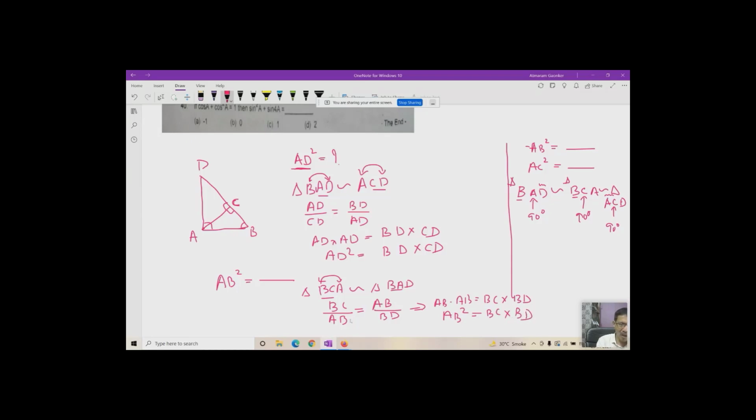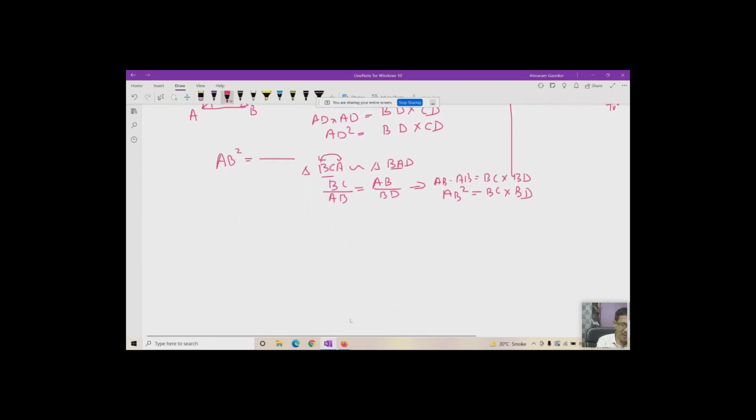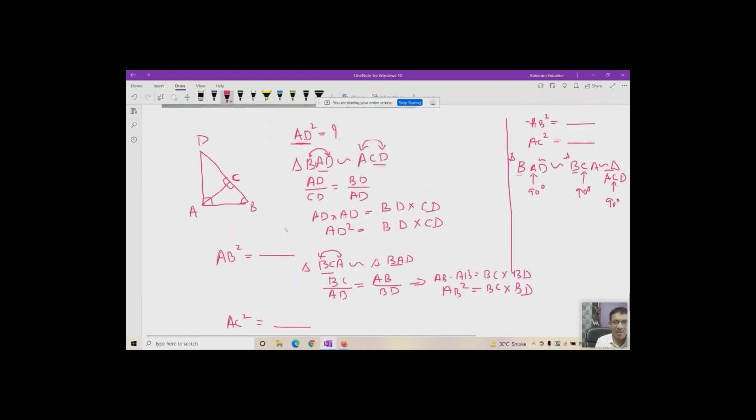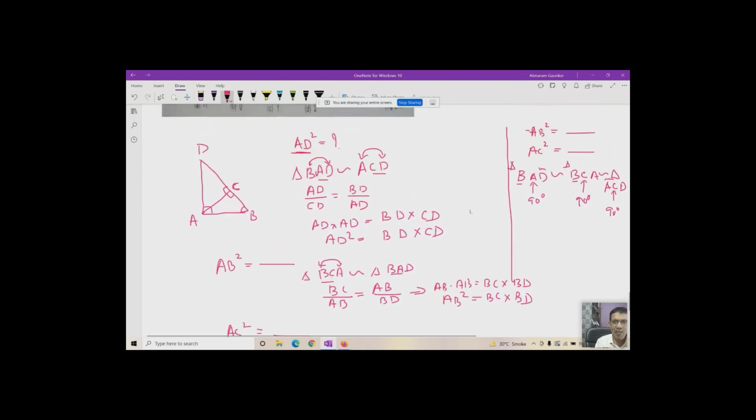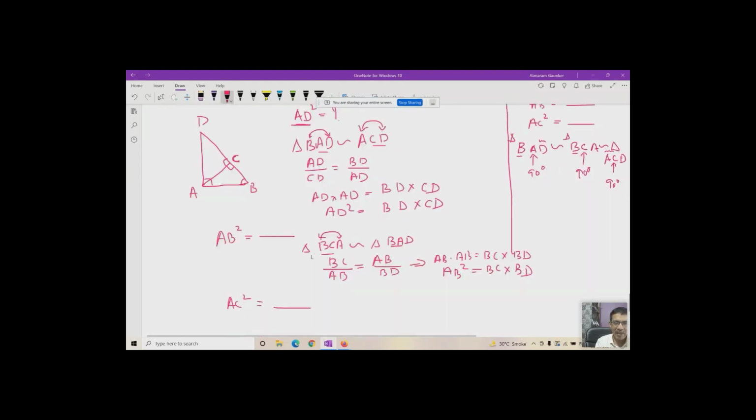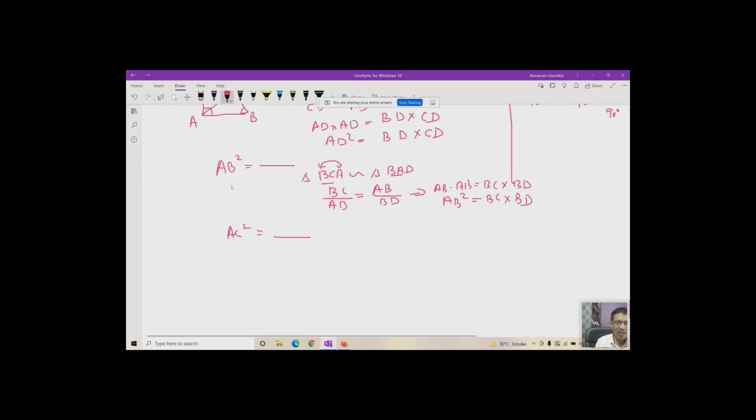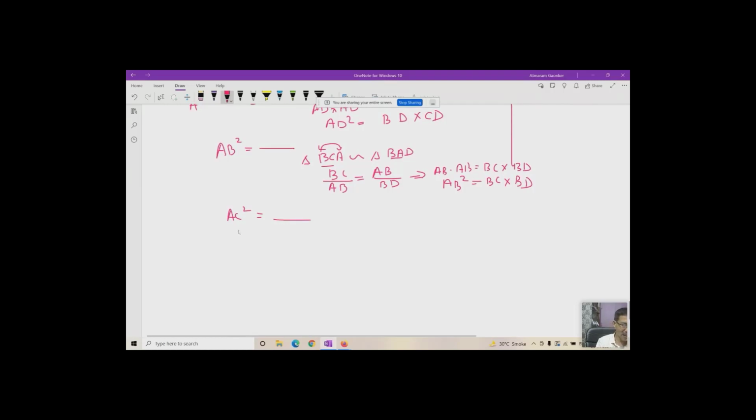And the third one is AC square. So AC square is how much? You could be asked any one of these cases: the AD square case, the AB square case, or the AC square case. And for the AC square case, you have to say triangle BCA is similar to triangle ACD.